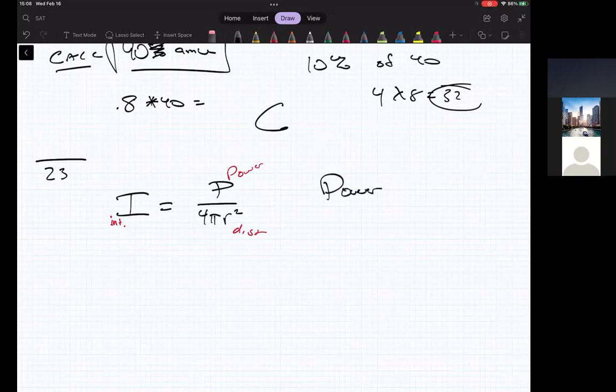Power is constant, okay? If power is constant, one thing I can absolutely do is just pick a random number for P and plug it in. Don't pick 0 because 0 is just going to make too many things go away. It's got to have some power. Power is equal to 1. Okay, I is equal to 1 over 4 pi r squared.